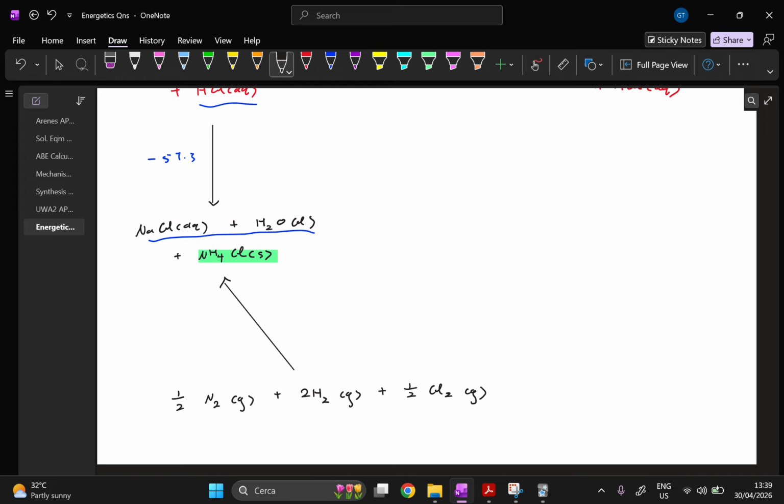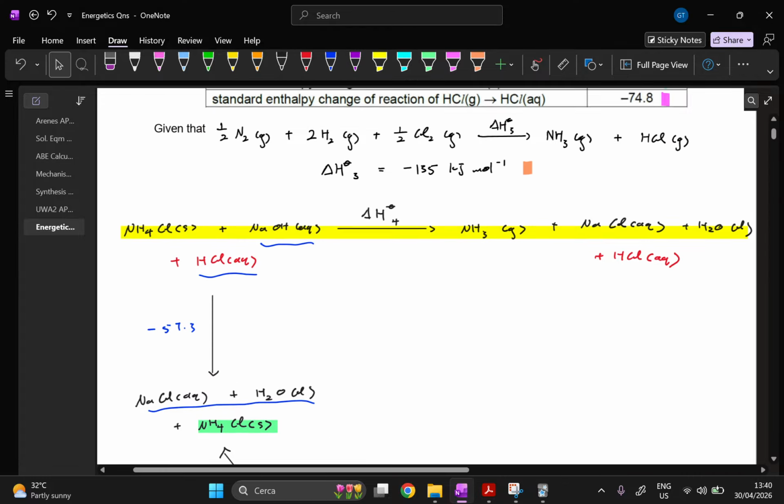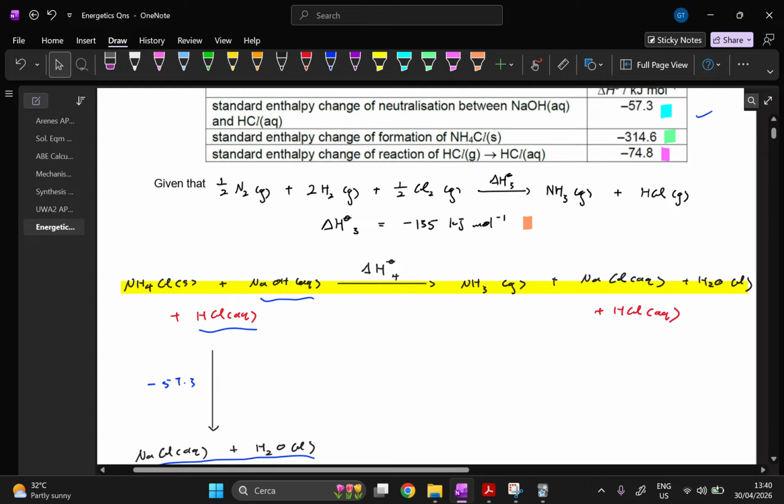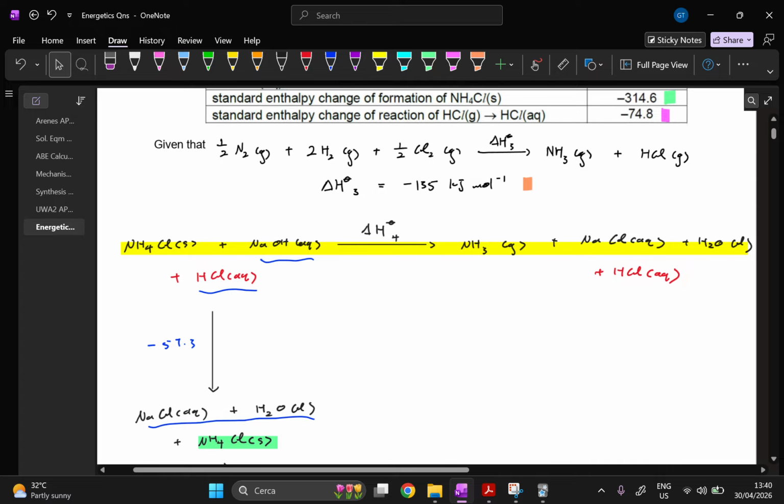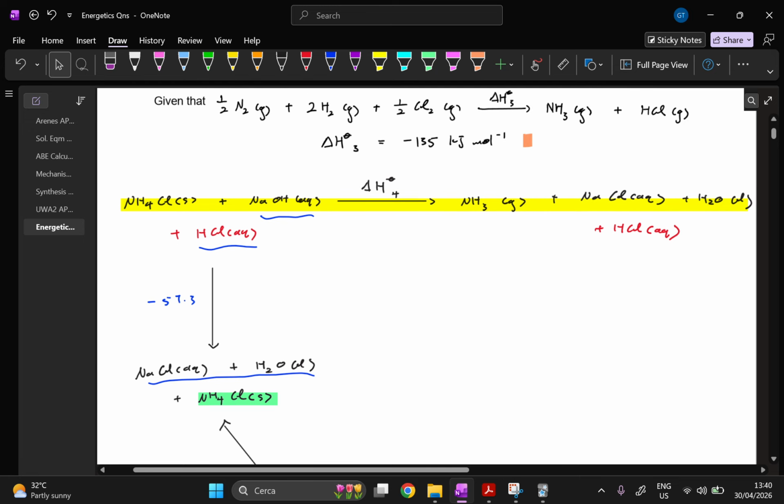My NaCl and H2O here. So anything that does not react, once again, just copy over. And the standard enthalpy change of formation of NH4Cl is minus 314.6. So let's give it a tick. We have used this piece of information now as well.